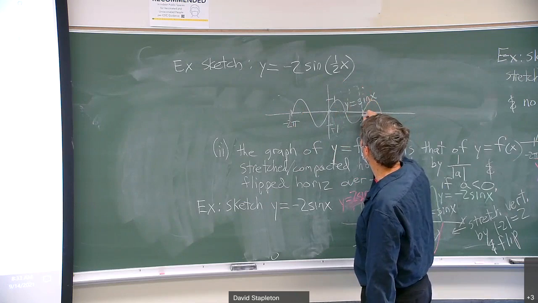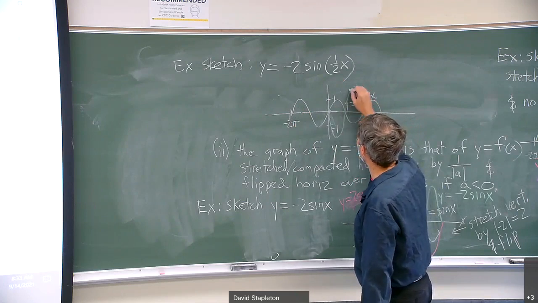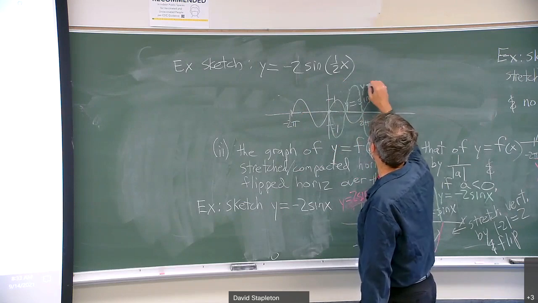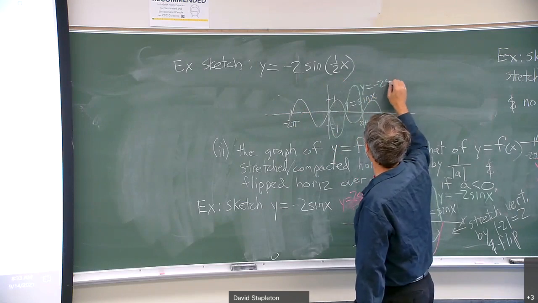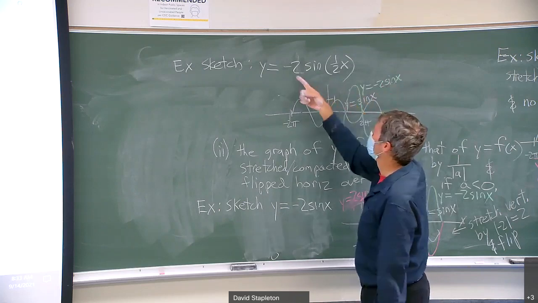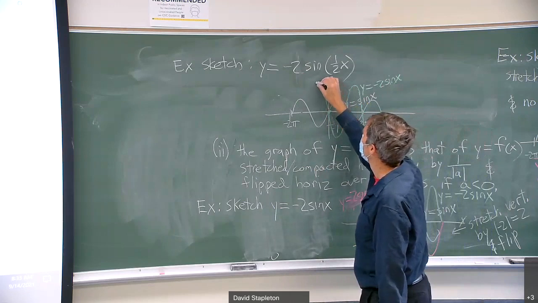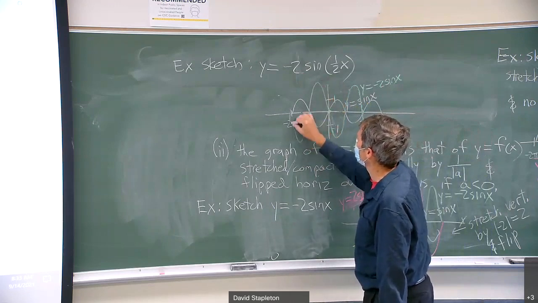First, I'll do the, see my dots. This is y equals minus 2 sine x, where I just do the y part. It's now twice as tall and flipped upside down.